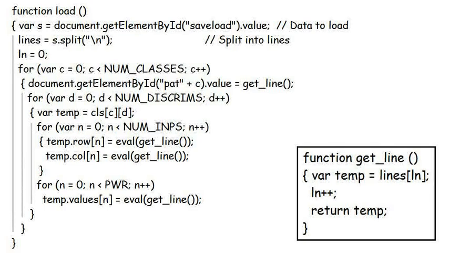Each of these lines takes the form of a string, even though most of them actually represent numbers. So whenever we expect a number, such as for the stored values in the discriminators, we specifically have to convert what getLine gives us into that number using the eval function. That's why a lot of the calls to getLine are enclosed within calls to eval.